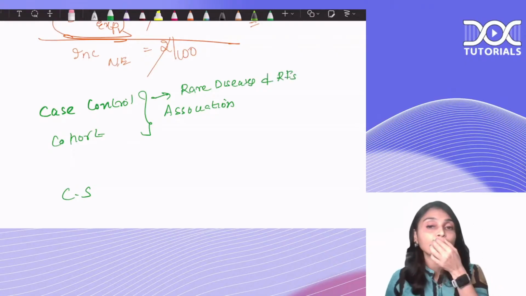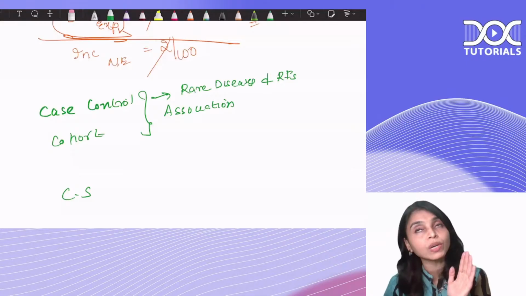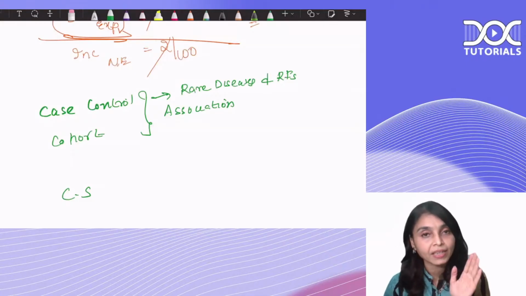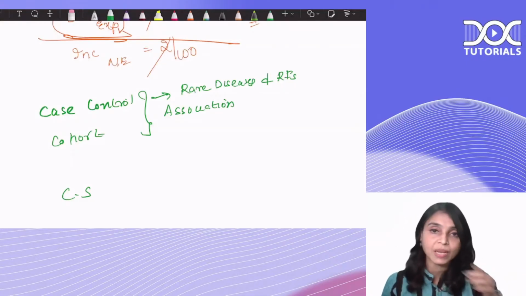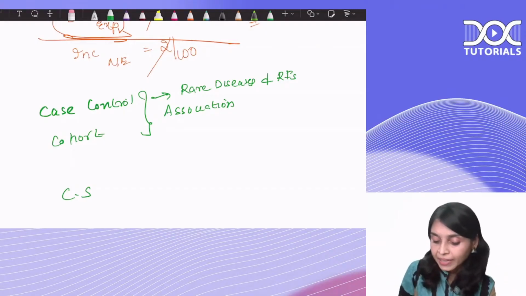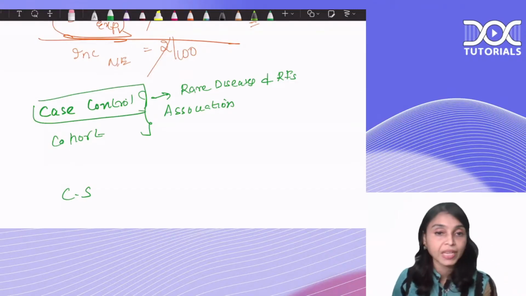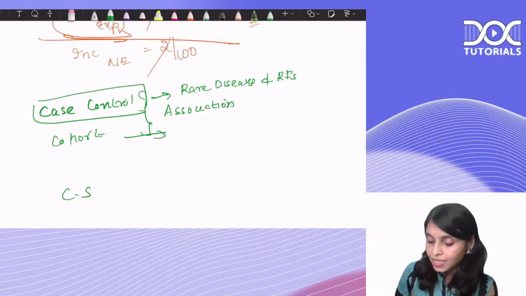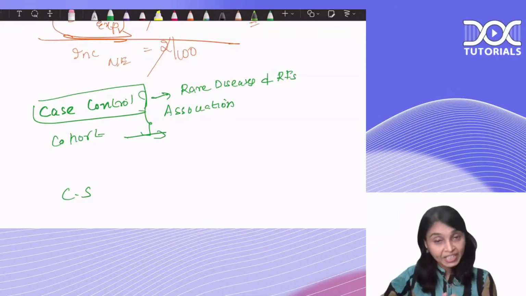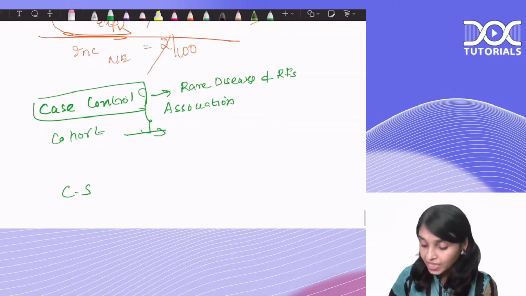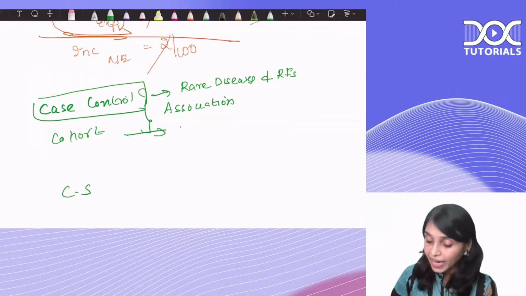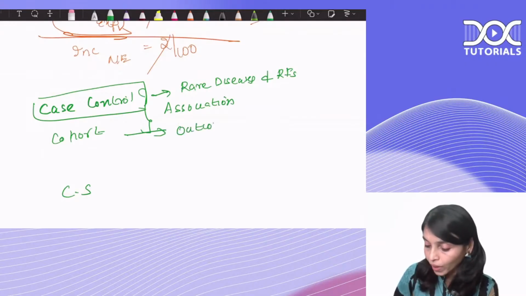So if there is a study done to find out the risk factors of something, then please do understand it is case control. Whereas cohort is a prospective study design, right? So this is to find out the outcomes. What are the outcomes?